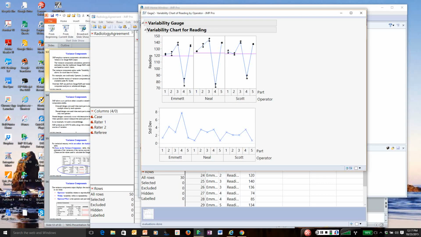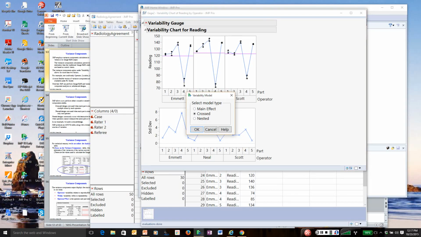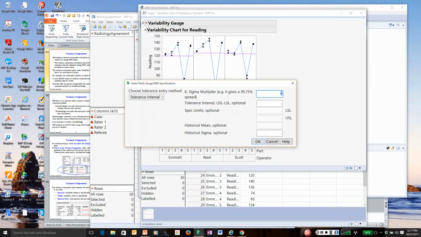Last time we did the gauge R&R, so we go down to gauge studies, and we're going to do gauge R&R. It's crossed, meaning all operators measured all parts. Remember, the multiplier is 6 because the normal distribution is typically defined as a 6 standard deviation spread, which covers 99.73% of a normal distribution, and our tolerance range is 60 thousandths.